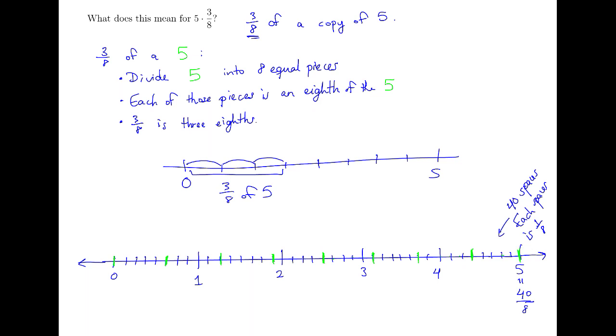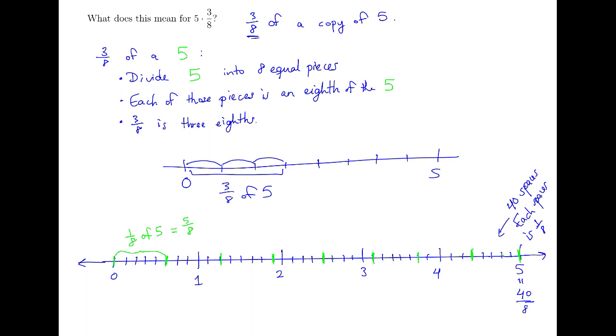So those green tick marks now have divided the 5 units into 8 equal pieces. And we see each of these pieces is 1/8 of 5, and hopefully we're not surprised now after the previous video that this is the same thing as 5/8, because we saw 5/8 is the same as 5 divided by 8, okay?